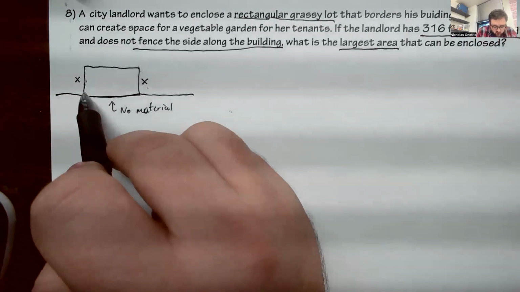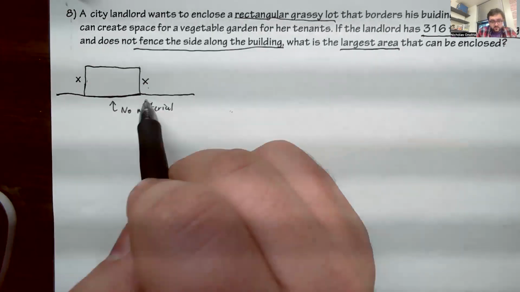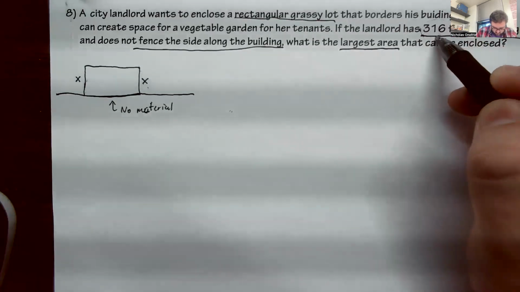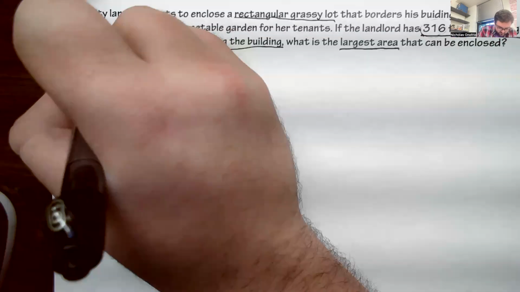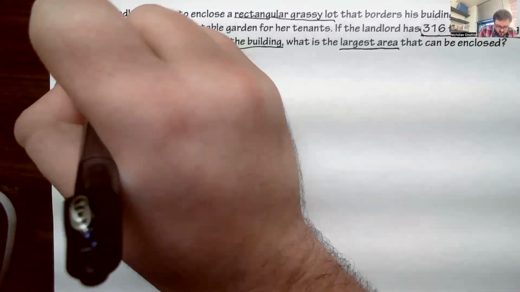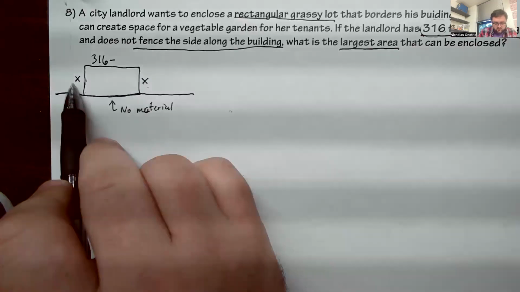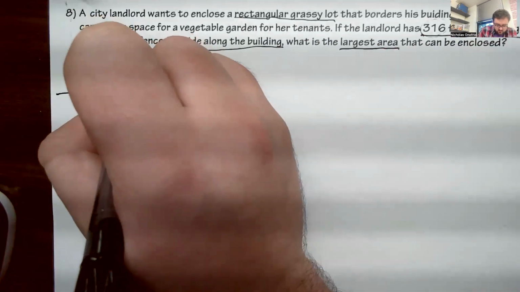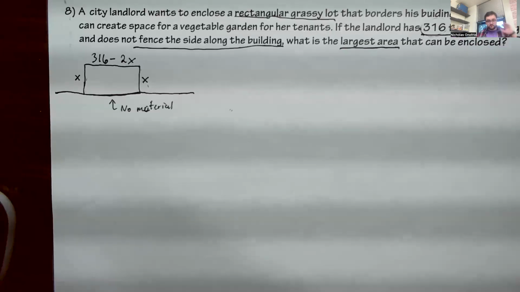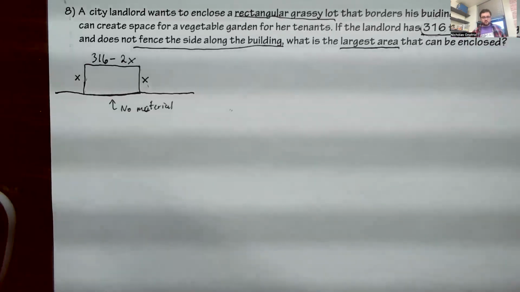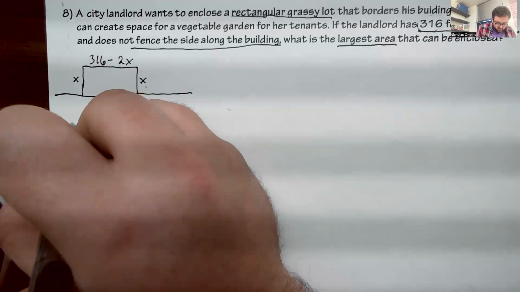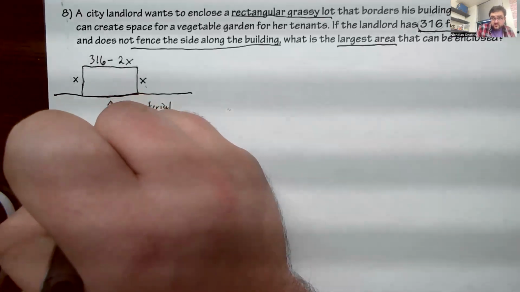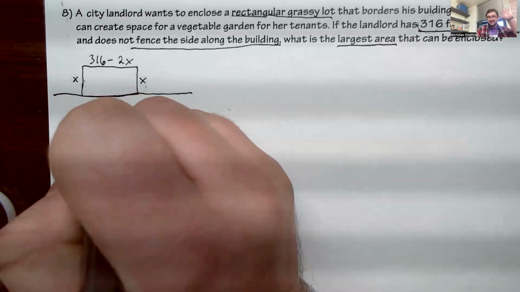Since we don't have to worry about this side down here, we can find this top side by taking our number 316, and we can just take away what we've already used. So in this case, X and X, 316 minus 2X. We can say our length is X, our width is 316 minus 2X.